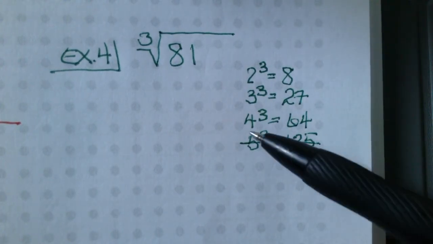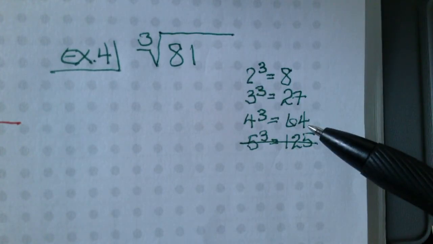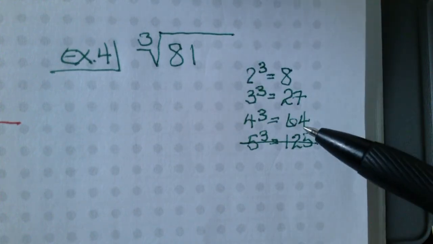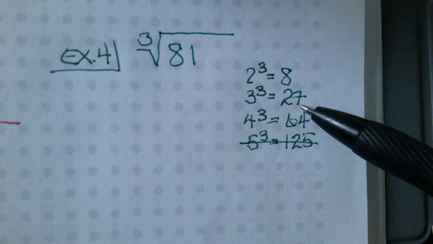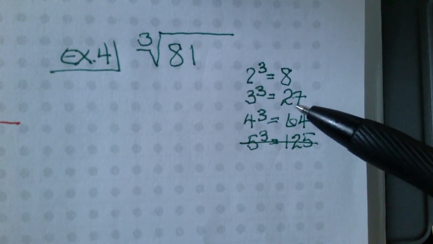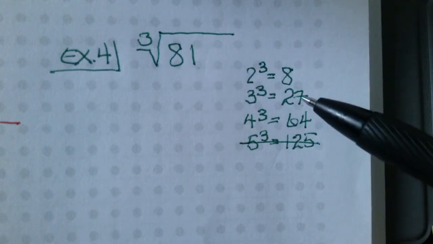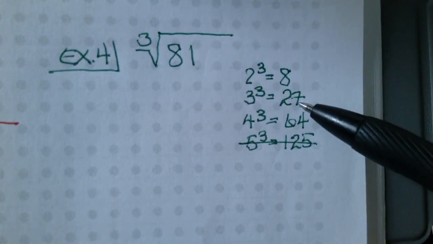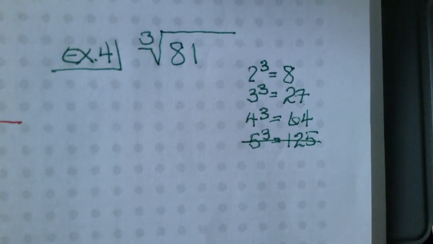Okay. And if I try to take this 81 and divide by 64, that's an odd number and this is an even number. That's definitely going to give me a decimal. So let's see if we can play around with this 27. 81 is an odd number because it ends with 1. 27 is also an odd number because it ends with 7. What's 81 divided by 27? What's 81 divided by 27?